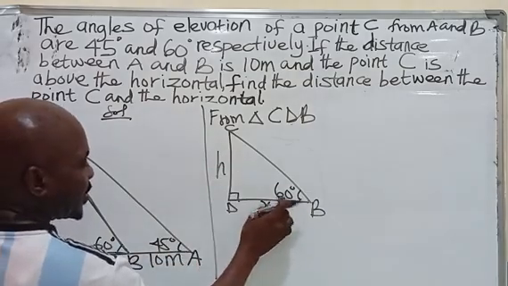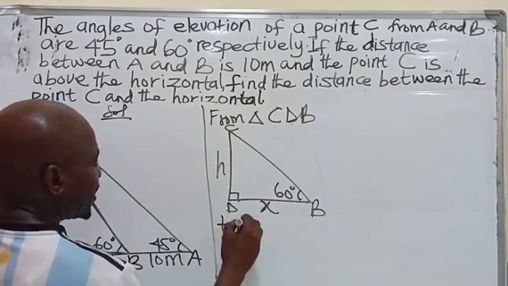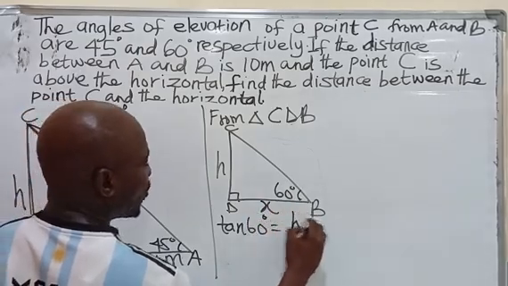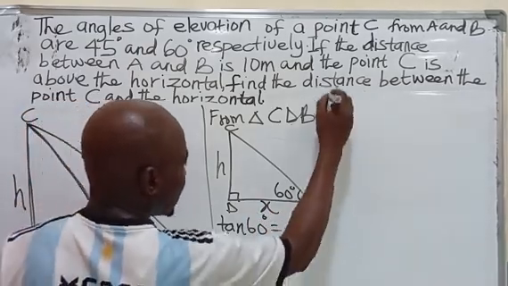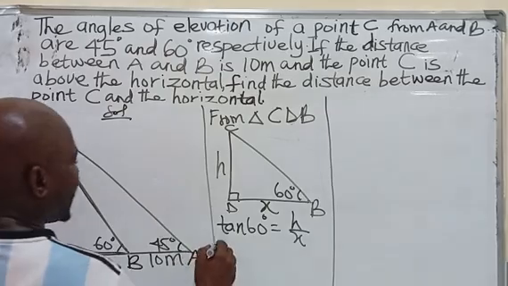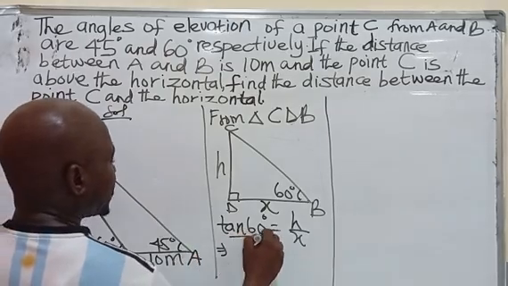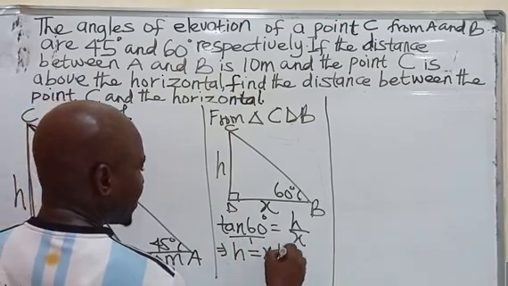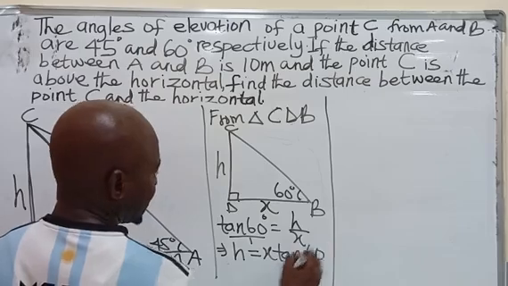I have this. So I say what? Tan 60 degrees is equal to opposite over adjacent, that's H over X. Alright. So this implies that if this is over 1, my H is equal to X times tan 60.